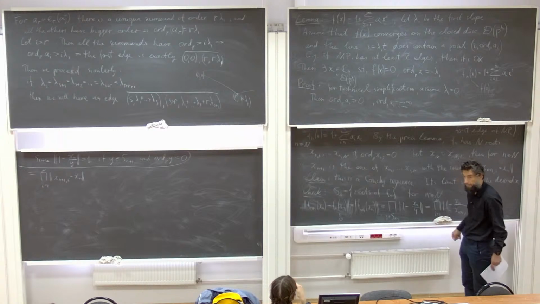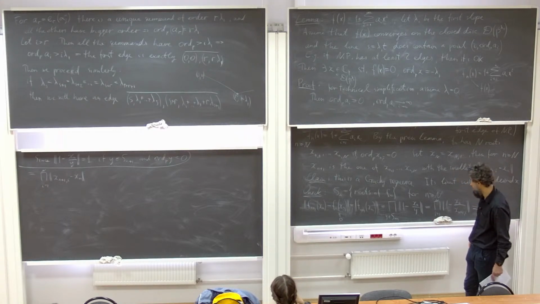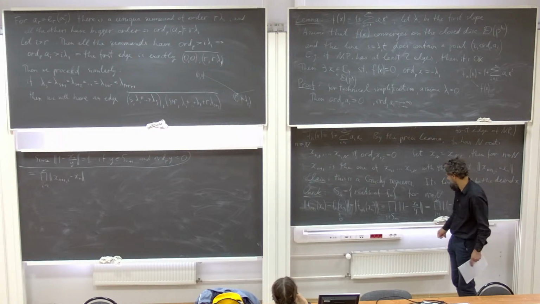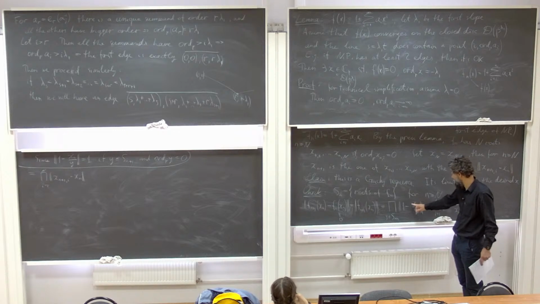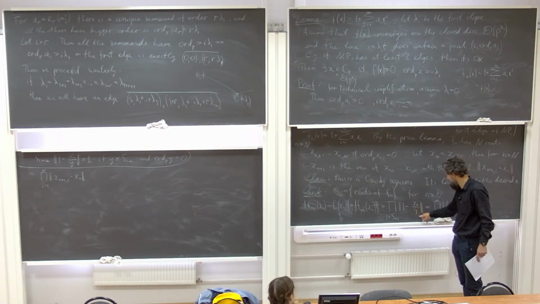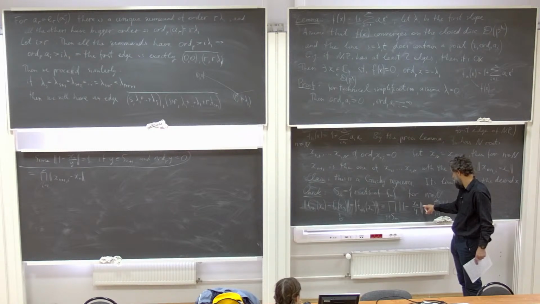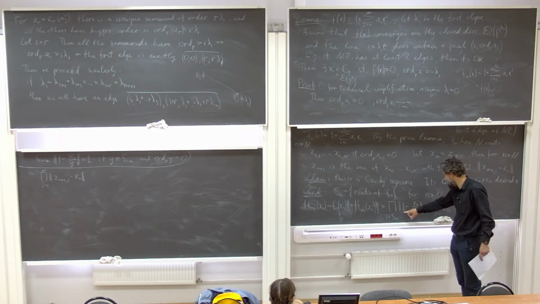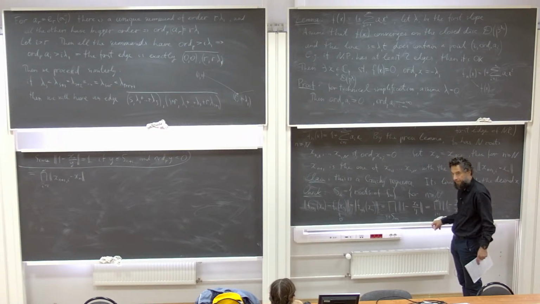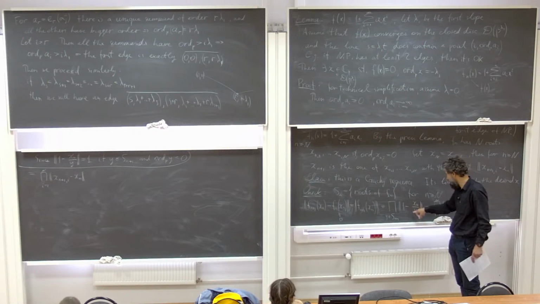So this ratio will be of positive order, so this difference will have norm 1. We'll subtract something integral.